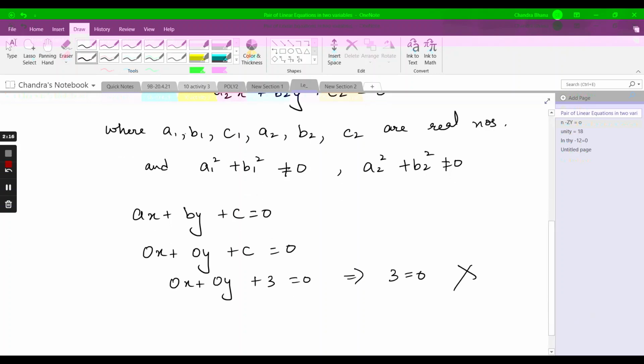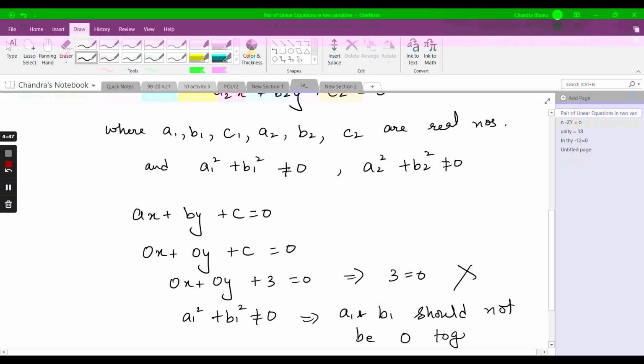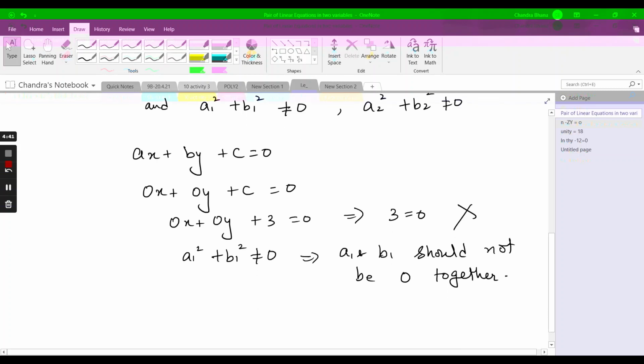So if I'm saying a1 square plus b1 square is not equal to 0, this means that a1 and b1 should not be 0 together, because if they are 0 together, then obviously any real number c will not be equal to 0.